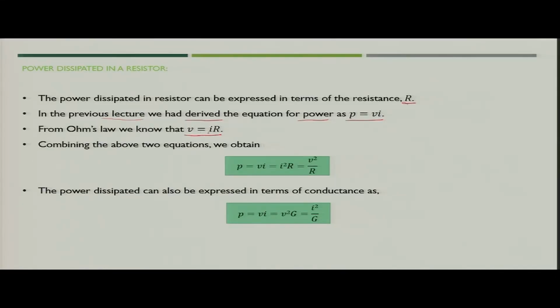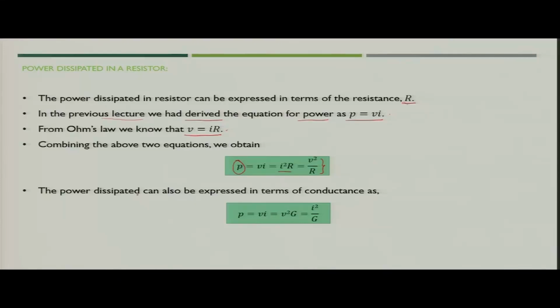We got V is nothing but I into R. So, if you combine these two, you will get the value of power P is nothing but V into I, or you can write it as I square R, or alternatively you can write V square by R.